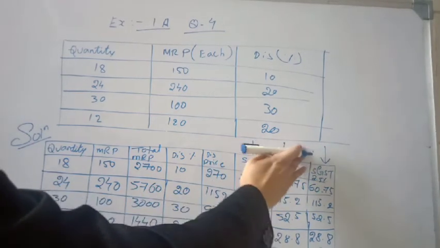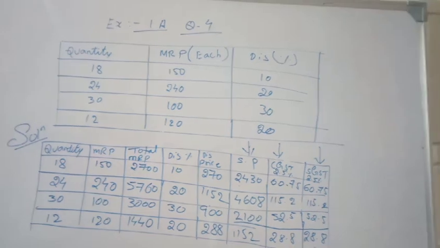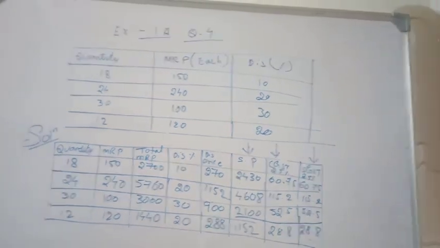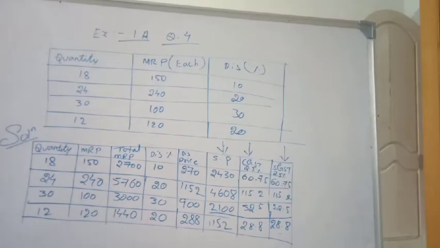So now the total amount that the salesman collects is the total selling price plus the total of CGST plus the total of SGST. So sum these three columns, and the sum is the total billing amount.